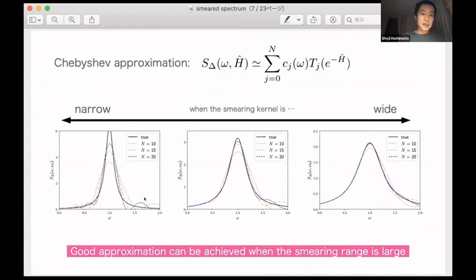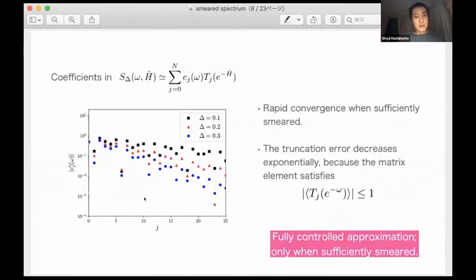That is the same problem of the ill-posed inverse problem. So I'm not that ambitious, I would be satisfied with a relatively wide smearing, so that we can approximate precisely using the Chebyshev approximation and obtain the final result.